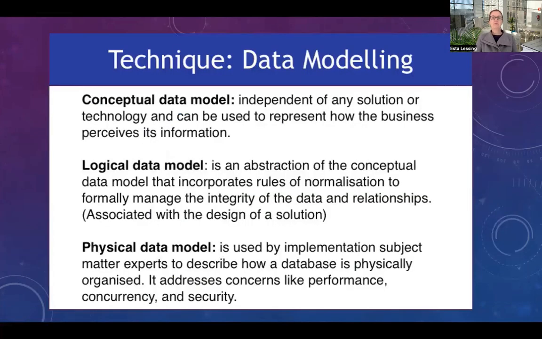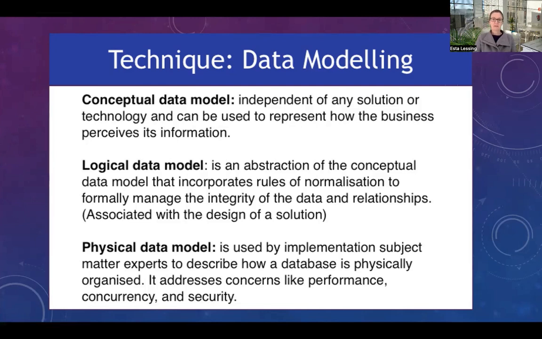So then there are three different types of data modeling that you can do. Firstly, the conceptual data model. So this is completely independent of any solution or technology and can be used to represent how the business perceives its information.